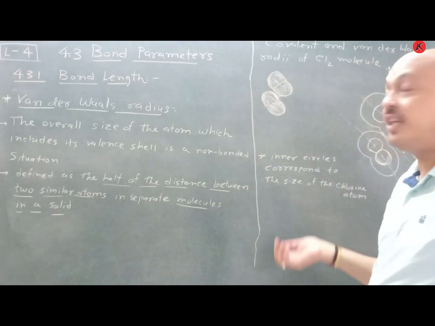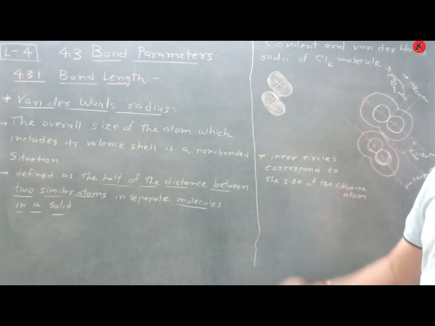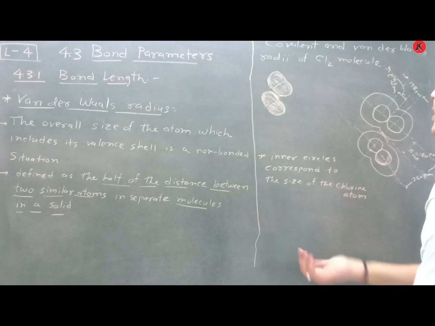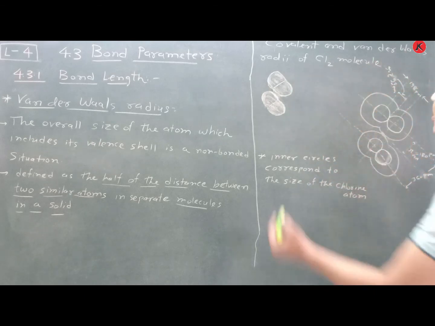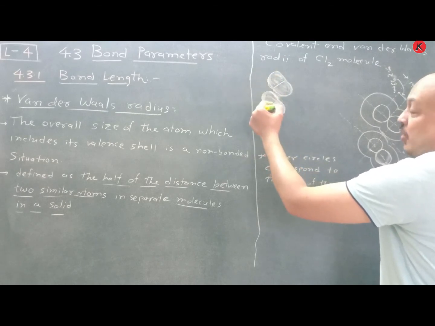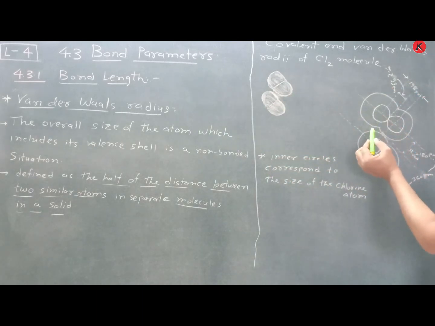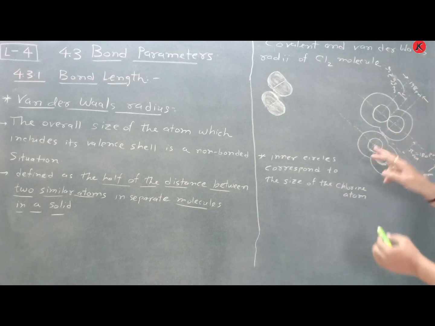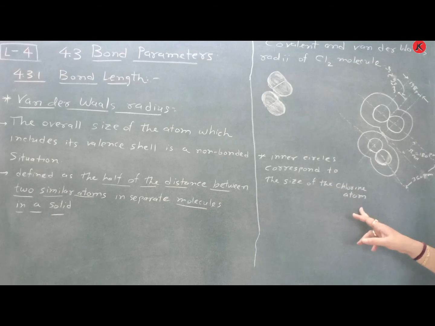One example is given in your textbook, Cl2. In this dichlorine molecule, how do we separate out the covalent and van der Waals radius? We consider the simple structure of chlorine, with two Cl2 molecules. The inner circles correspond to the size of the chlorine atom.